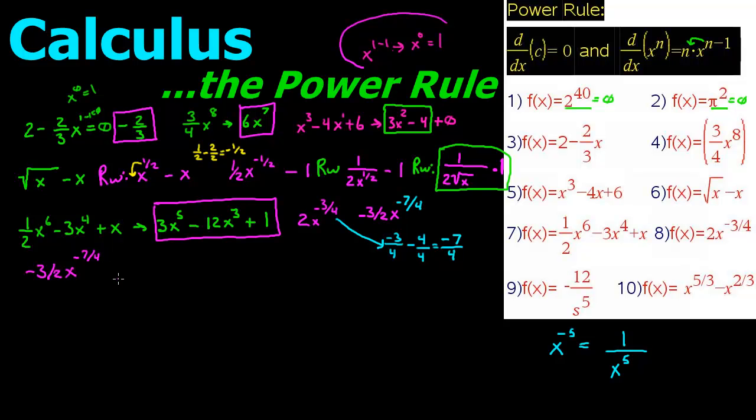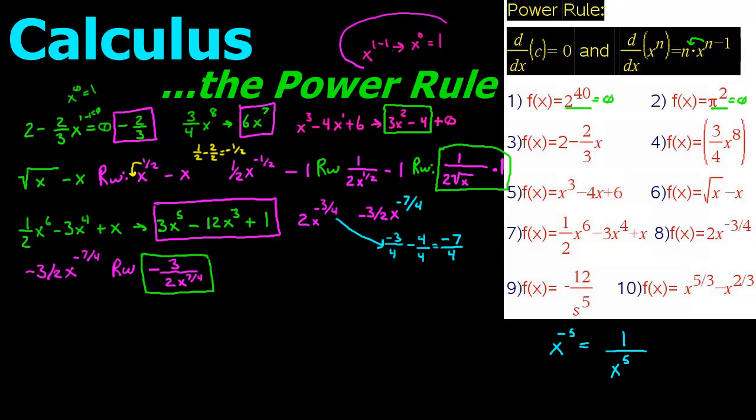So what you're going to be doing here is you just rewrite this and you say negative 3 divided by 2x to the 7/4 power. Okay. Remember, when you drop that down, you can get rid of that negative sign.